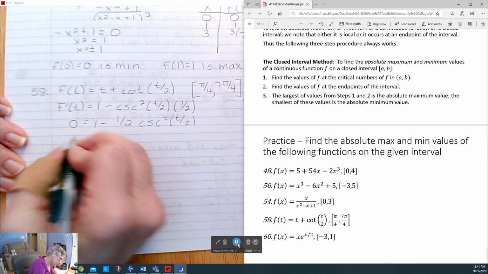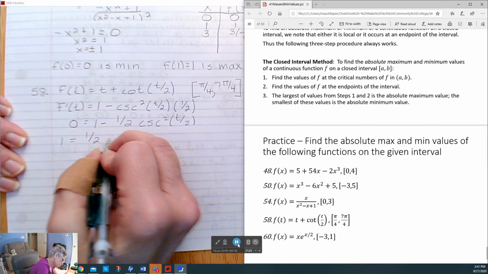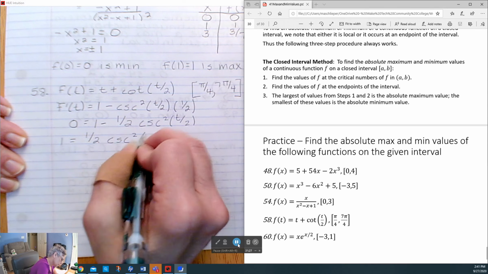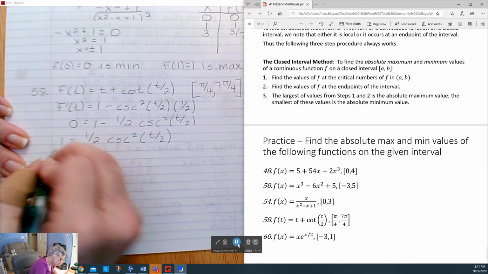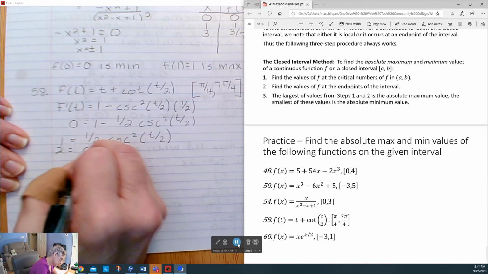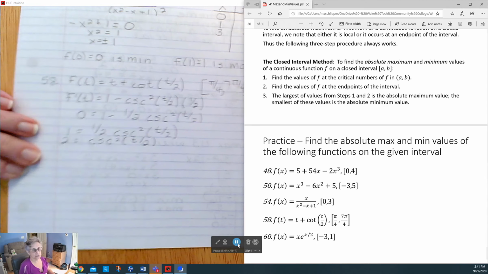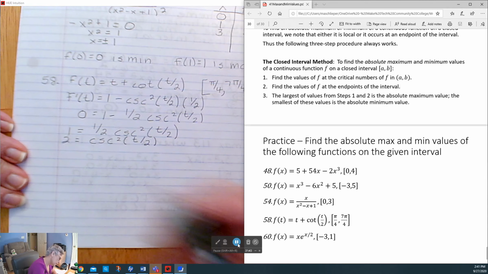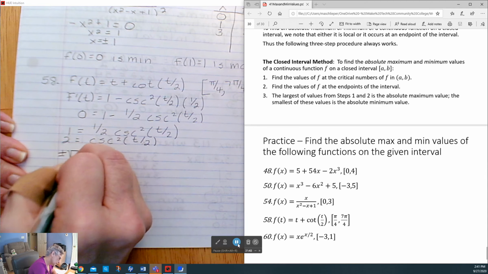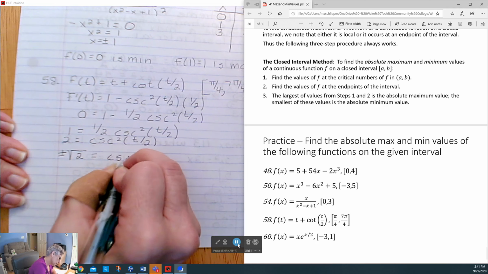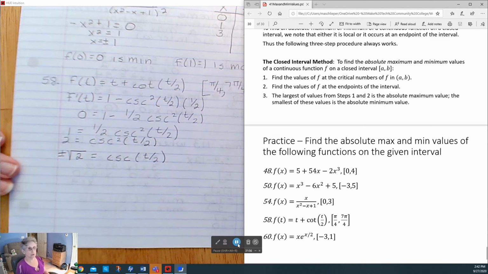So let's solve that. Probably the easiest way is to say that 1 is equal to 1/2 of cosecant squared of t over 2. So 2 is equal to cosecant squared of t over 2, just getting rid of that 1/2 by multiplying both sides by 2. So plus or minus the square root of 2 is equal to the cosecant of t over 2.